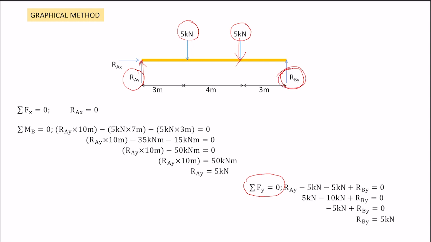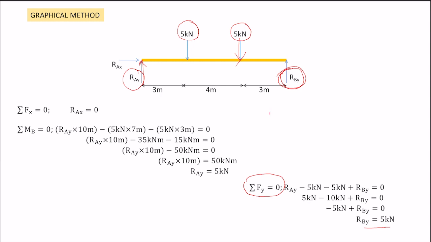I assume dia akan naik atas, so saya letak plus here, equal to 0. Okay, so 5 kilonewton minus 10 kilonewton plus RBY equal to 0. And you simplify, then you get the final answer. It is 5 kilonewton.